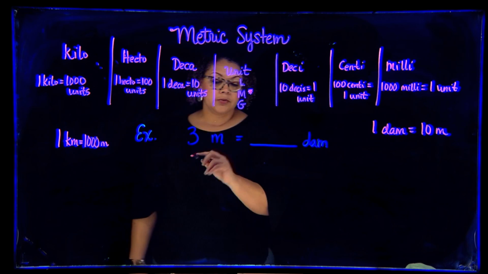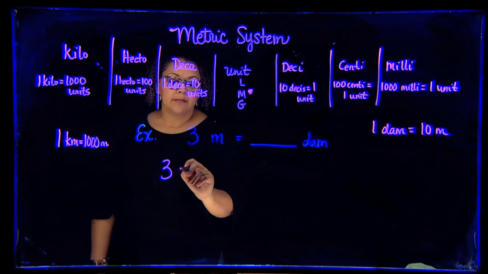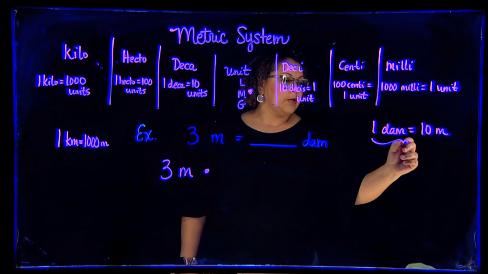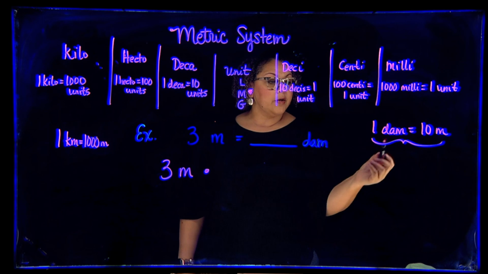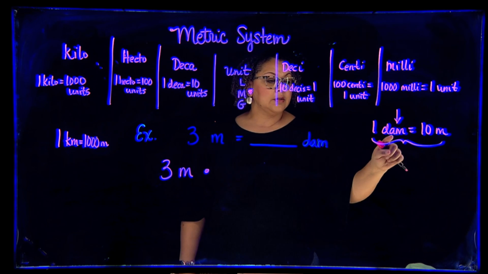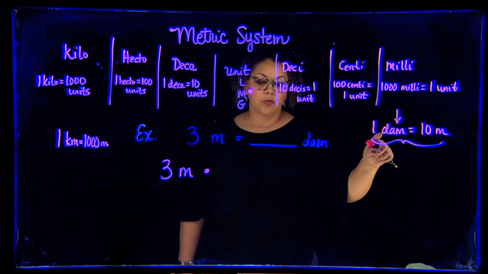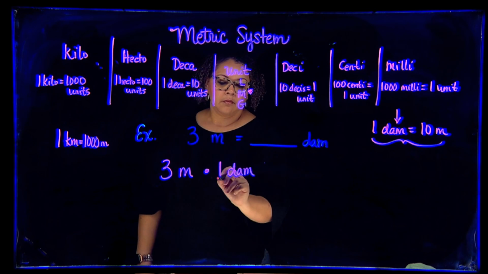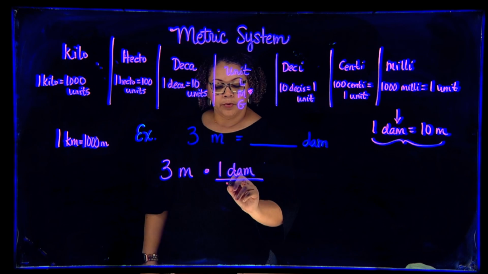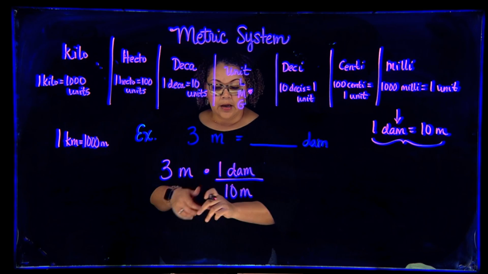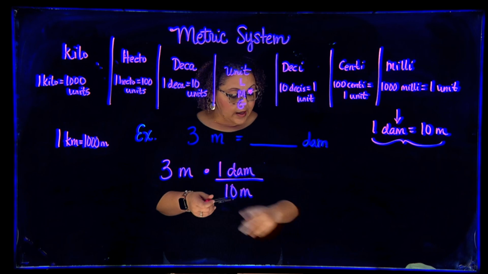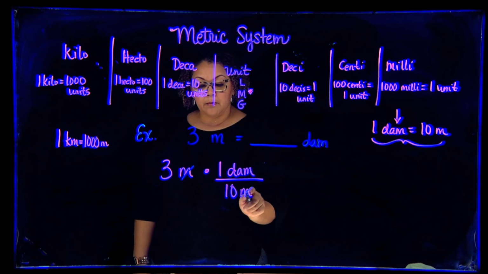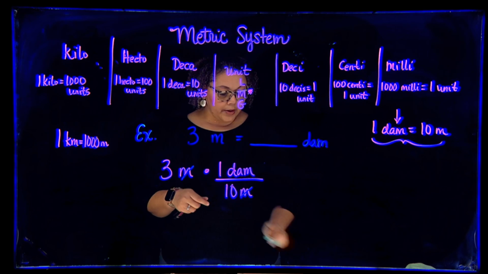So again, I'm going to use my conversion. I'm going to start with 3 meters, and I'm going to multiply. I'm going to use my conversion here. And because I want to end in the unit of decameter, this is what I'm going to put in my numerator. And in the denominator, I will put 10 meters. And now again, I have units that will be diagonal to each other. So a meter divided by a meter would reduce out to 1.